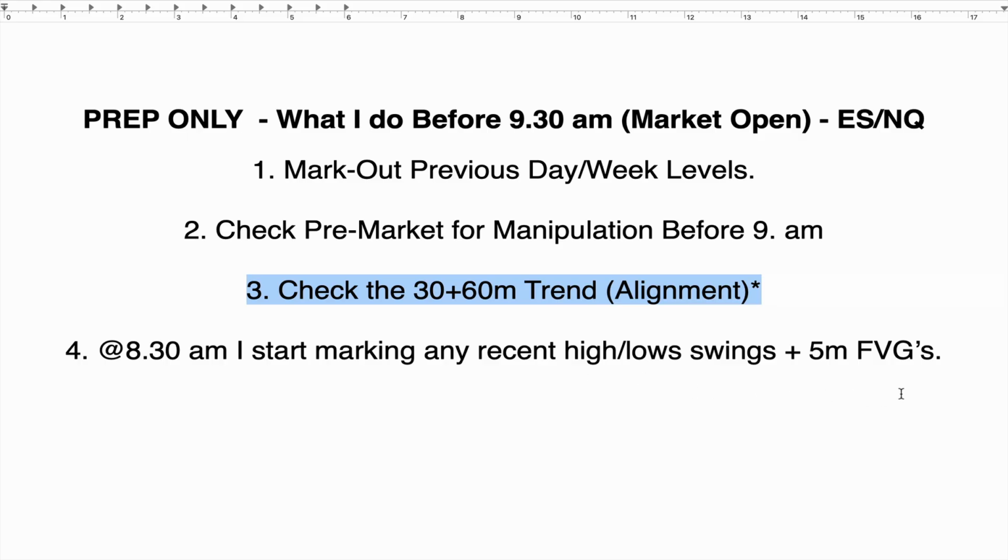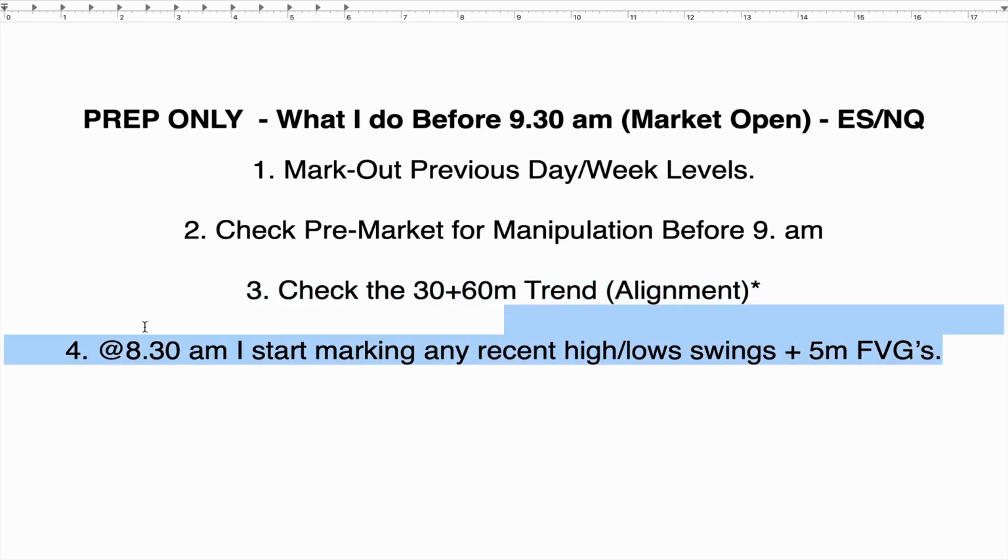Finally, at 8:30, so I start at 8, but at 8:30, I start to mark any recent highs, lows, any swings on the 5 minutes that are obvious. Okay, so I also start to mark fair value gaps as well.